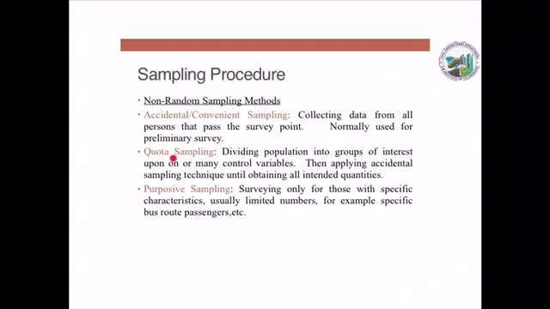The second type of non-random sampling is quota sampling. As the name indicates, here we will have a reservation. First, divide the entire population into groups based upon the interest, and then apply the accidental sampling technique until the required quantities are obtained.